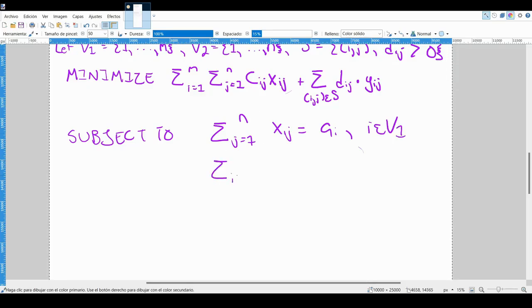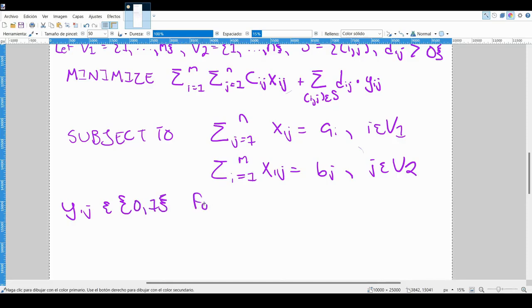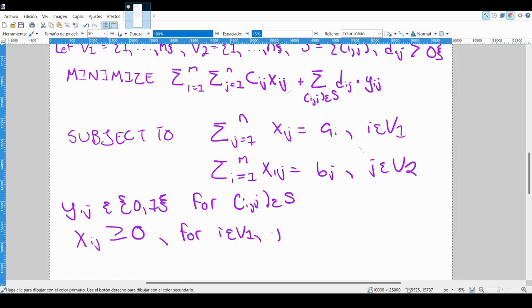And similarly, the sum from I equals 1 to m of xij equals bj, j in v2. We can note that yij is in 0 or 1 for ij in S, so the pairs in S. And then we can once again note that xij is going to be greater than or equal to 0 for I in v1, j in v2.